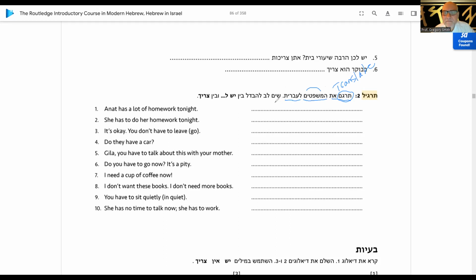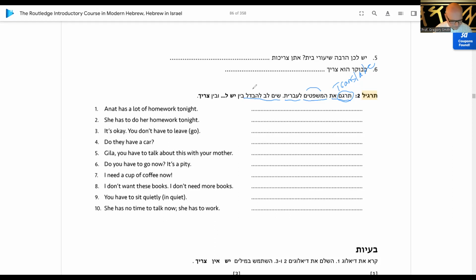Okay, and then Shem Lev, let's see. Shem Lev la'hevdel ben. Note the difference. שים לב להבדל בין.